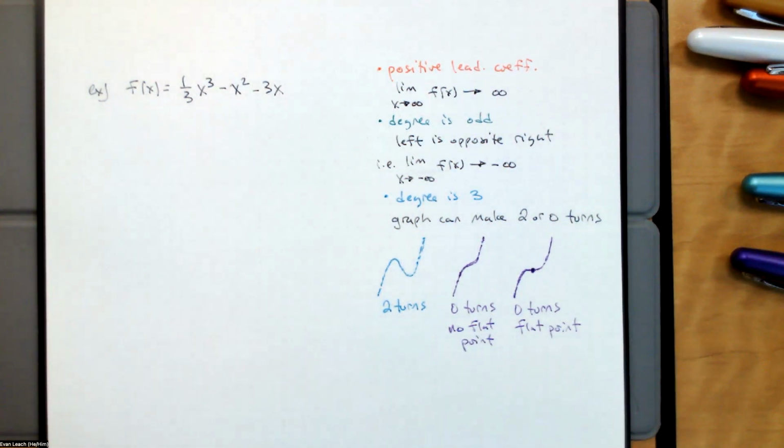So to make 0 turns, we could either have one flat point where it's increasing, goes flat, and then just keeps on increasing, or never flattens out, just slows down and then keeps going up. These are the two ways we can have 0 turns. No flat point, one flat point. Or we can make 2 turns, in which case we have 2 flat points.